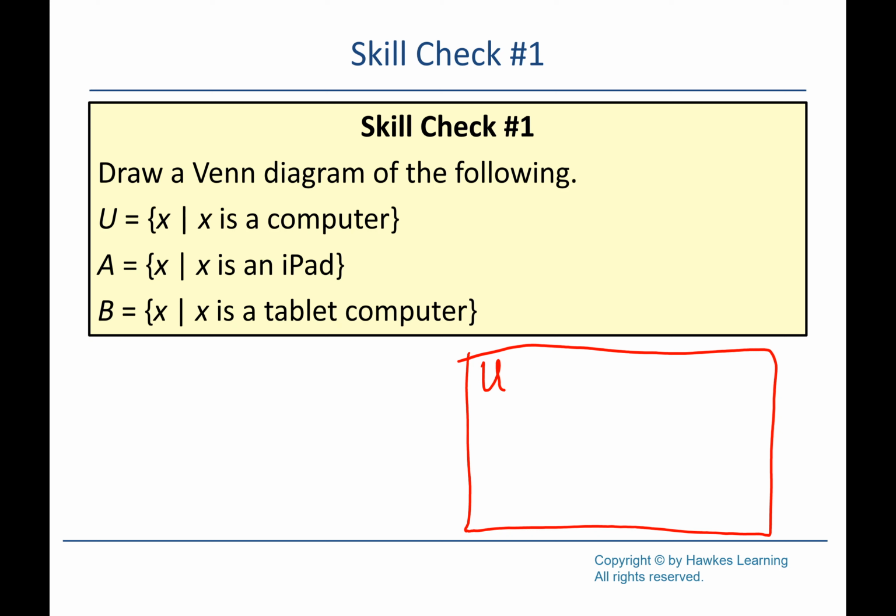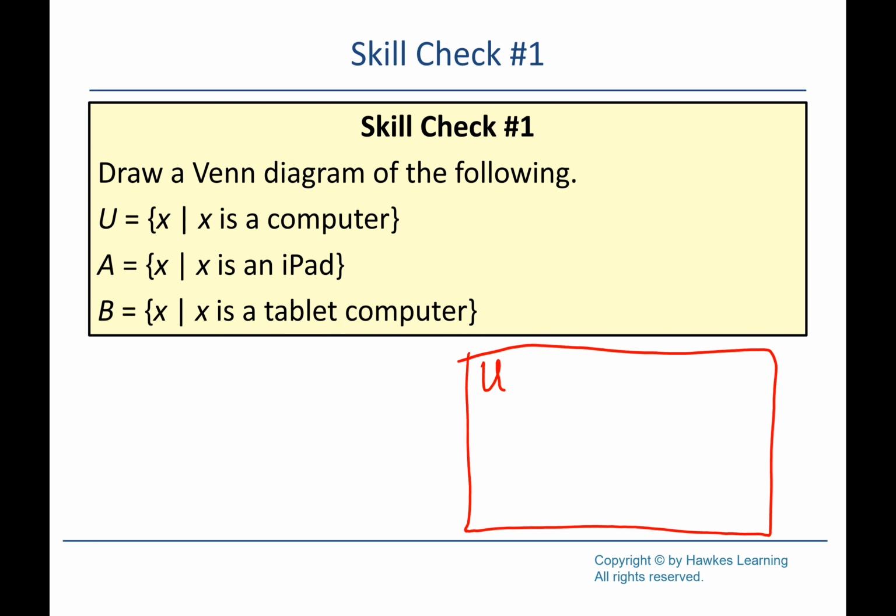So can you be an iPad and a tablet computer? Yeah. So then the next question, are all iPads tablet computers? Kind of depends on how you think about it, but yeah, we can say so, right? Because all iPads are a little flat computer you can hold in your hand. Yeah. So they would all be tablet computers.